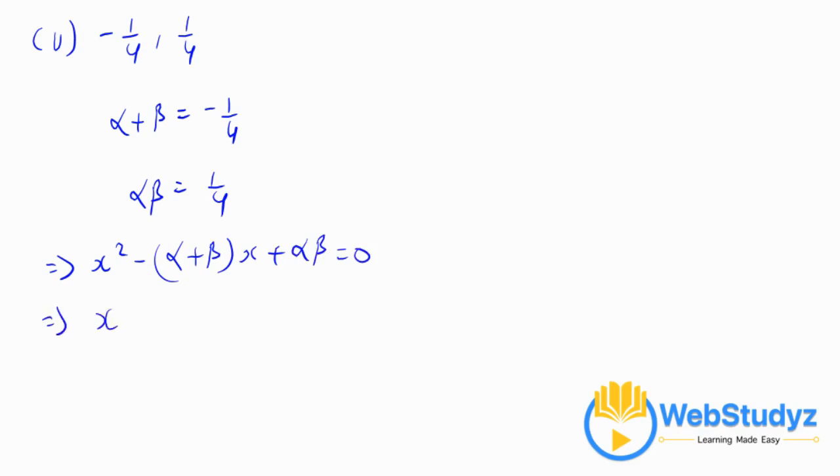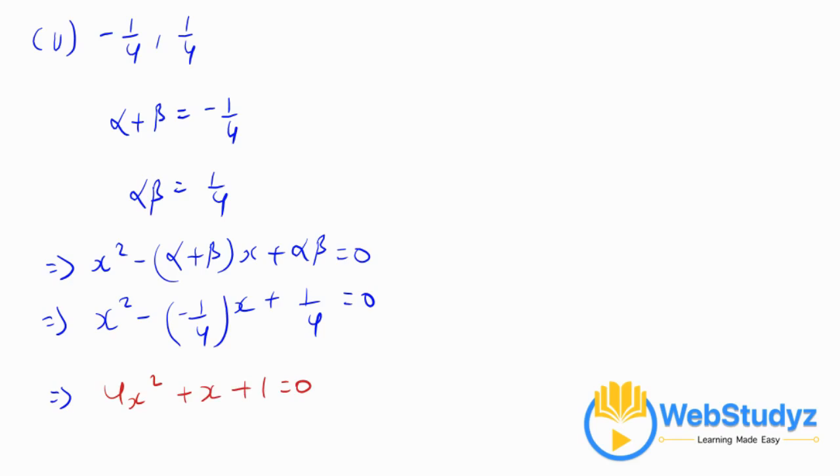Putting values, we get x square minus 1/4 x plus 1/4 equals 0. Solving this, we get the quadratic equation as 4x square plus x plus 1 equals 0.